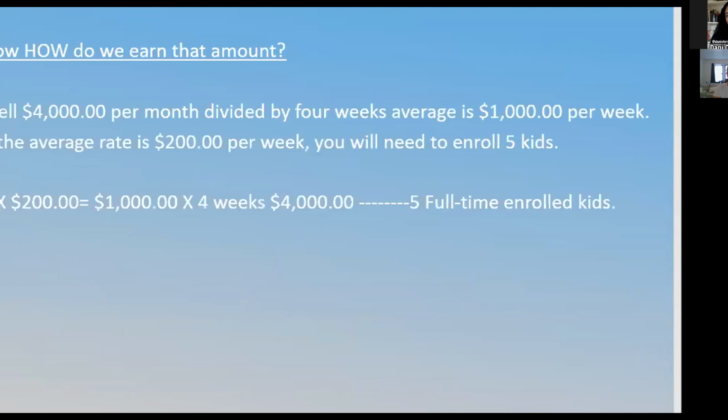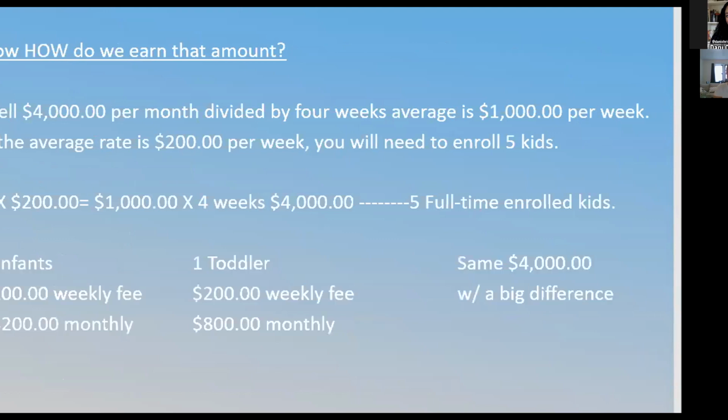So let's say, okay, well, $4,000 a month divided by 4 weeks is $1,000 a week. And if I charge $200 a week, if I have 5 kids, that makes the income. I'm good to go, right? I calculated, I know that I can afford the daycare, I can have money left over, and everything's a-okay.